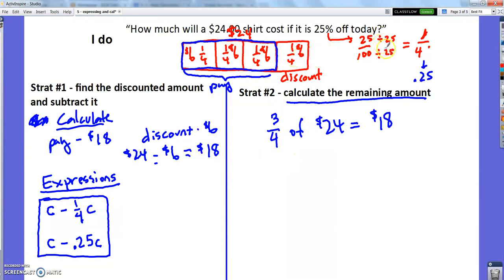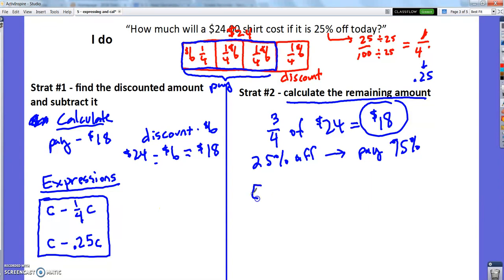Or if you want to say if it's 25% off, that means I pay 75% of the price. I don't pay 25, I do pay 75. So in this case, still the same cost of $18. I'm looking at the cost I do pay.